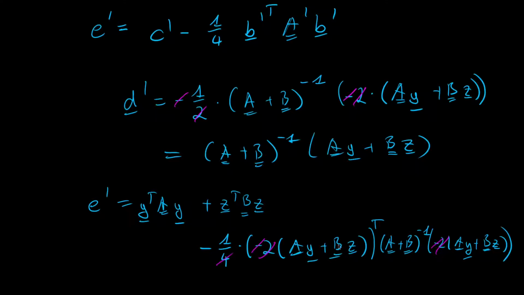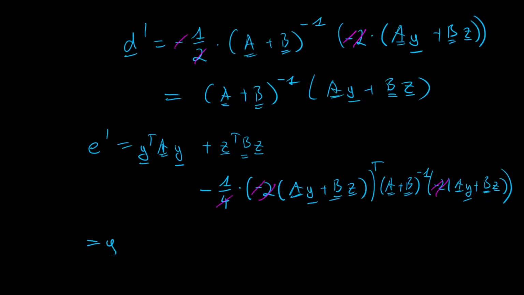And then we can again further simplify this equation by evaluating the quadratic form. So in essence, to multiply out what we have here. So we are keeping Y transpose AY plus Z transpose BZ. And we start with minus AY in brackets transpose.